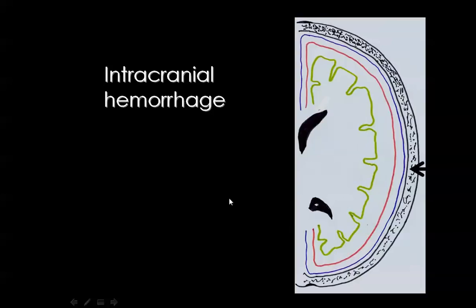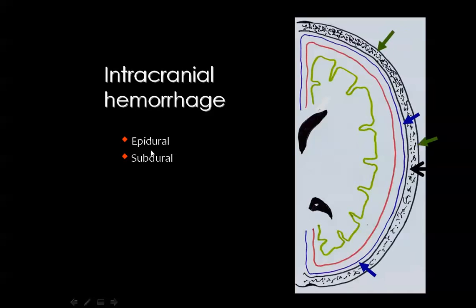Then if hemorrhage is going to occur in one of these places, hemorrhage can occur in this space between the calvarial bones and the dura, and then the name is an epidural or extradural hemorrhage.